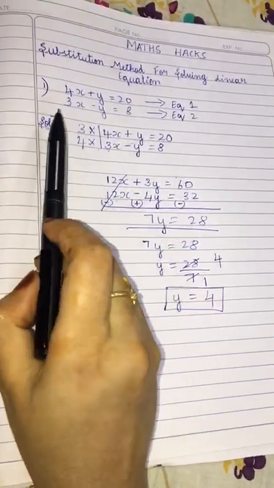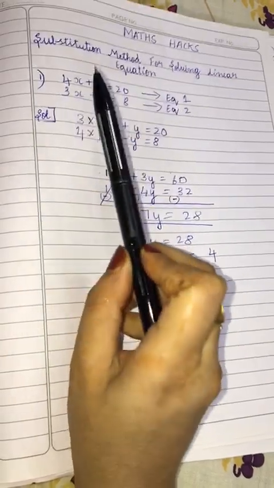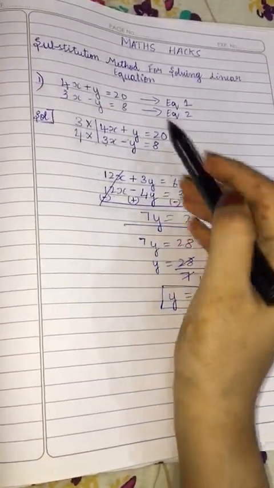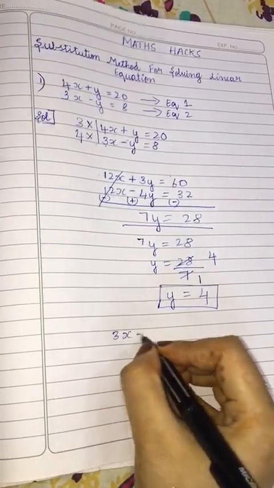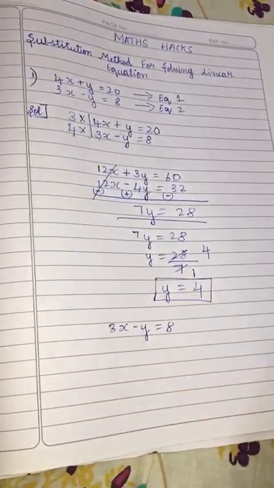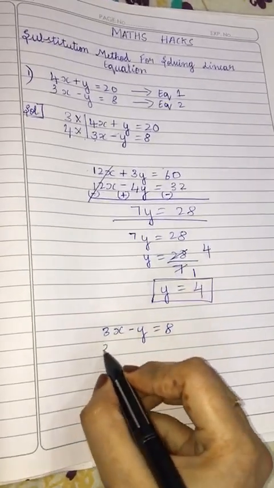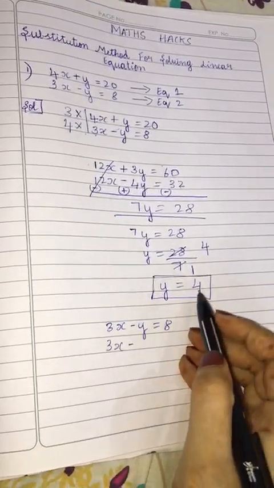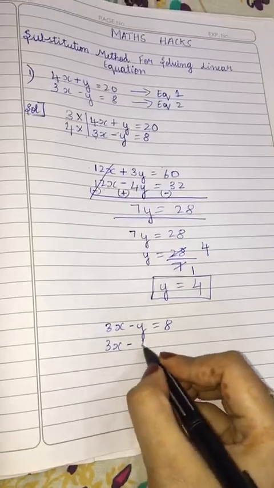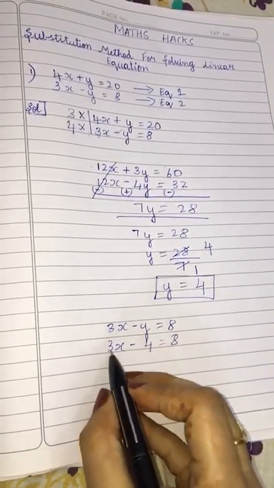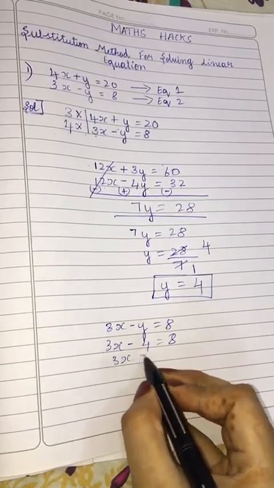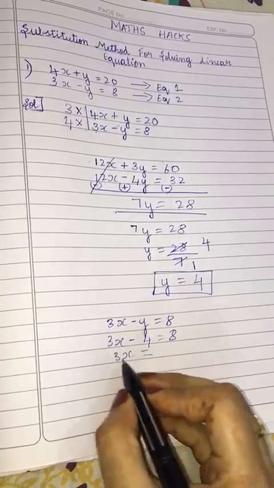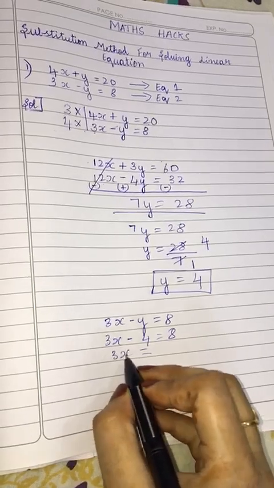Now which value do we have to find out? We got the value of y, we have to find out the value of x. So we'll take the second equation to find the value of x. 3x minus y is equal to 8, right? Now 3x as it is, and we got the value of y as 4.